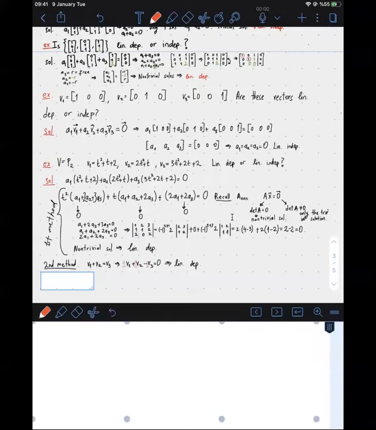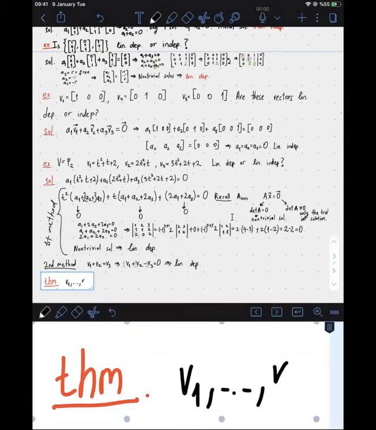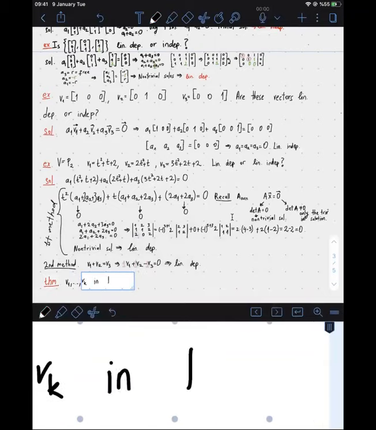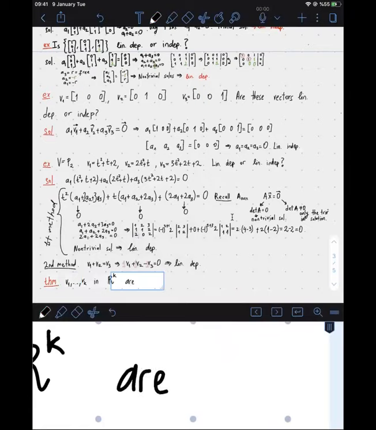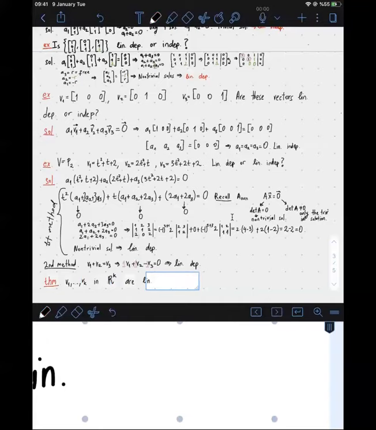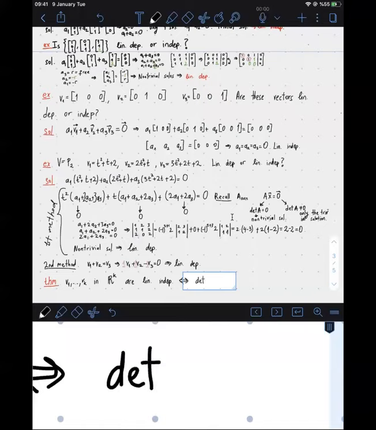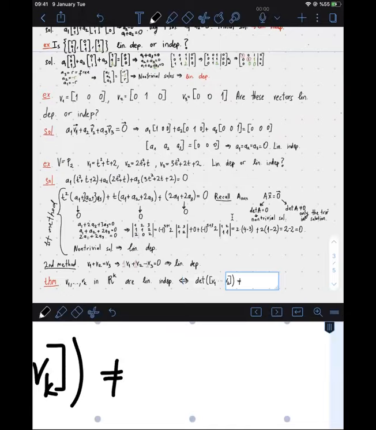So this first method really gives us a theorem. If we have k vectors in Rk, then these vectors are linearly independent if and only if the determinant of the matrix, where I write these vectors as columns, is non-zero.